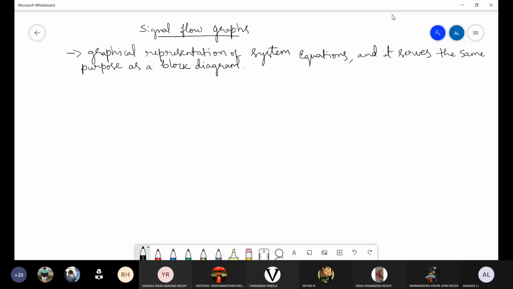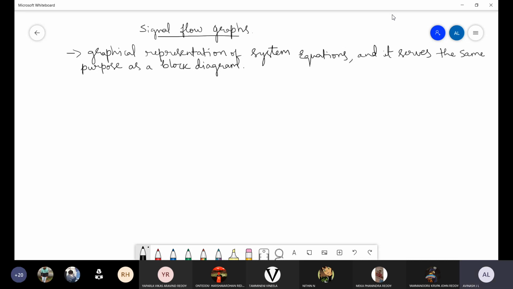Both the block diagram and the signal flow graph serve the same purpose: finding out the transfer function, analyzing the system, and so on. How it is going to happen, we will see in the further sections.